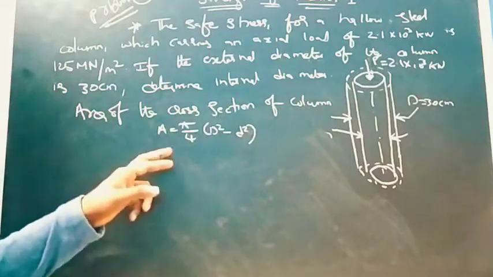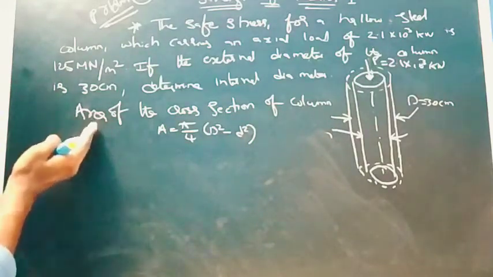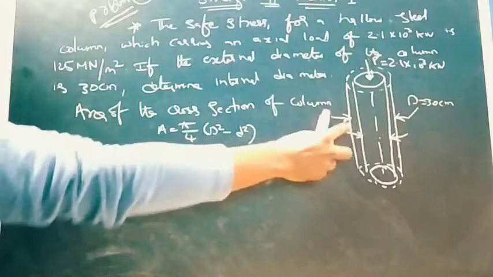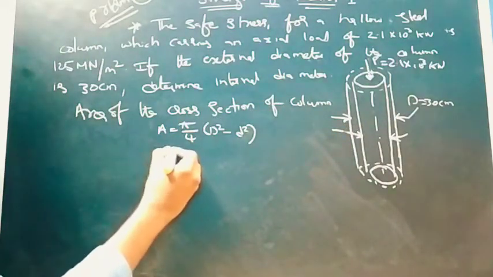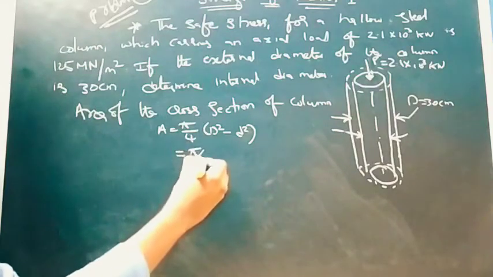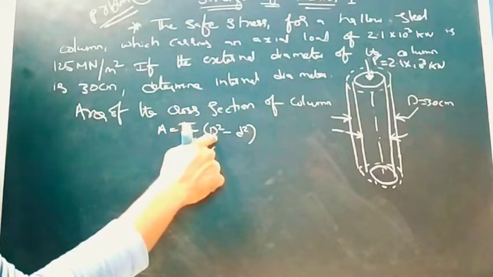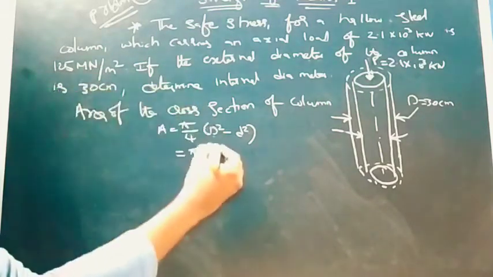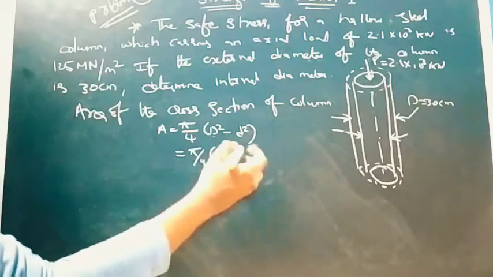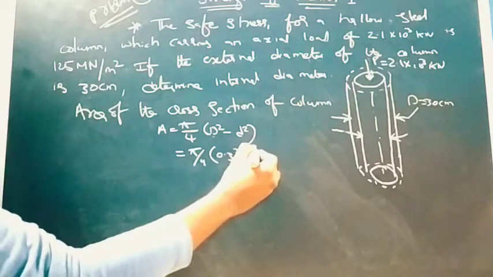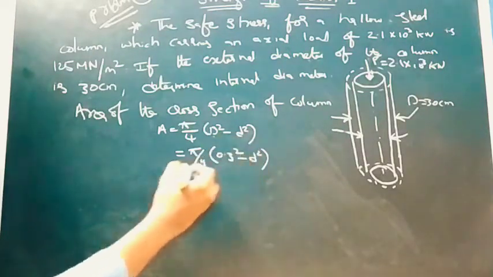This is the formula for a circular hollow section. So that will become pi by 4, capital D is 0.3 meters squared, and d square is unknown.